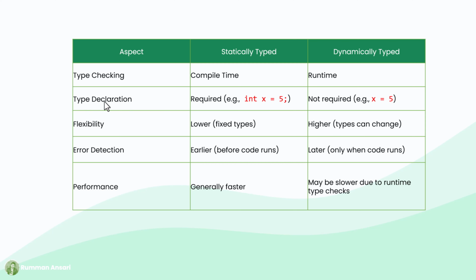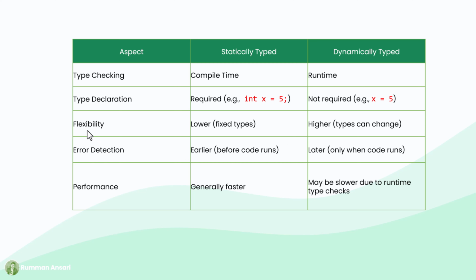That's why type declaration is required in statically typed language. But in dynamically typed language, as you can see, x equals 5. There is no data type. In some programming languages you have to keep the semicolon in dynamically typed language as well, but some programming languages, like Python, don't need a semicolon.